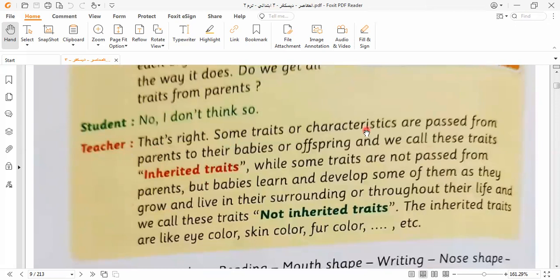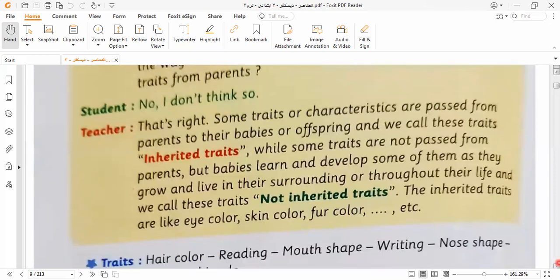Some traits, or characteristics, are passed from parent to their babies or offspring. We call them inherited traits. So we have inherited and not inherited traits. Not all characteristics pass from parent to baby. Not inherited traits are like the way of life, something we learn, something we do in our life.